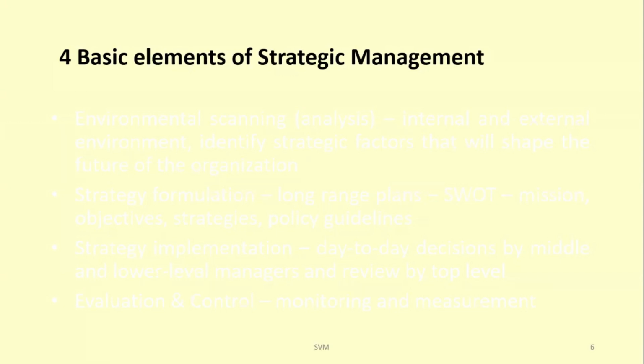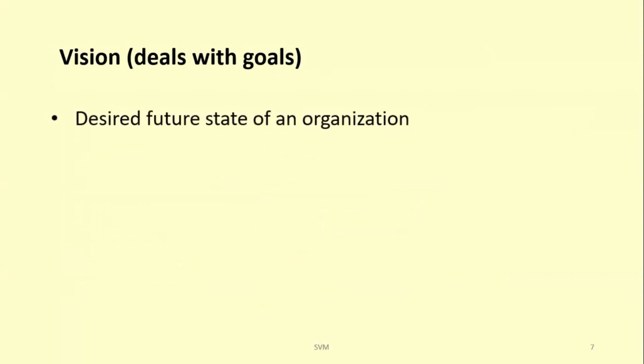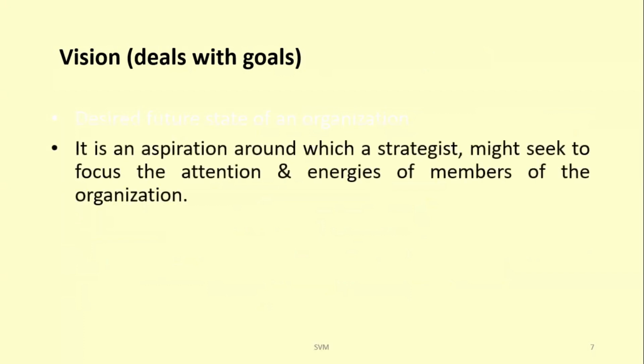Then we'll understand what we mean by vision. Vision basically deals with goals of the organization. So basically, what is the desired future state of my organization? If I am able to see very clearly, that becomes my vision. Basically, it is my aspiration around which a strategist might seek to focus the attention and energies of members of the organization.